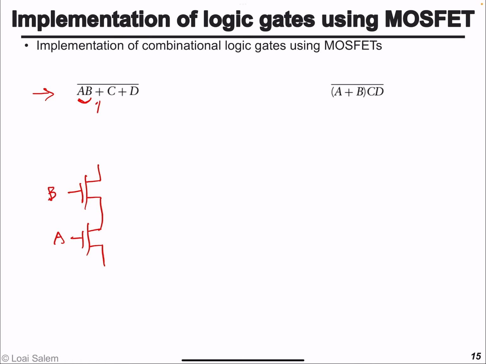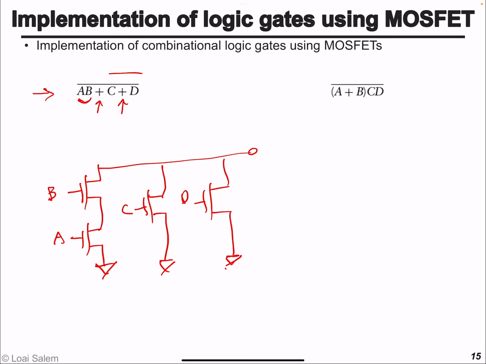Then we have OR C or D. This means we connect transistor C in parallel, another transistor D in parallel, and all these are connected to the ground. So we're going to pull the output Y to 0 in case C is 1, in case D is 1, or if A and B are together 1 at the same time.